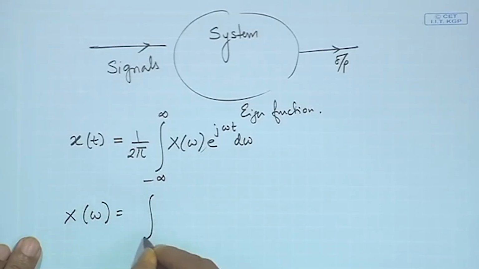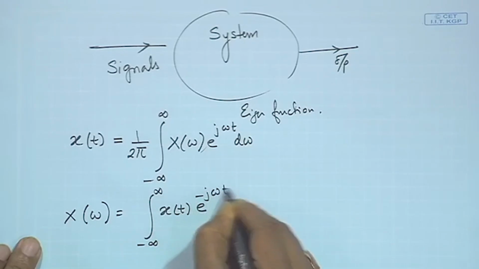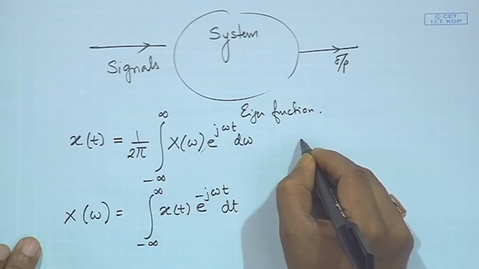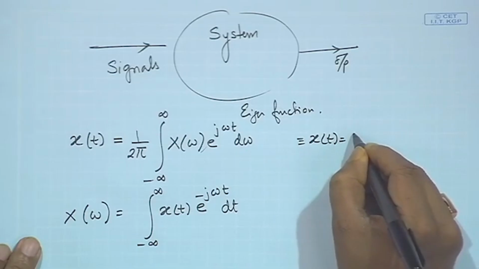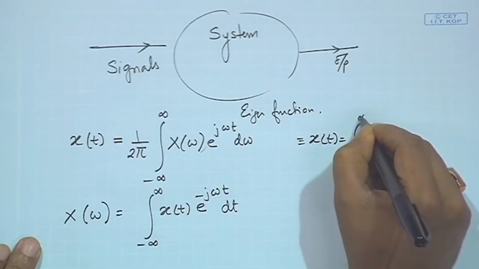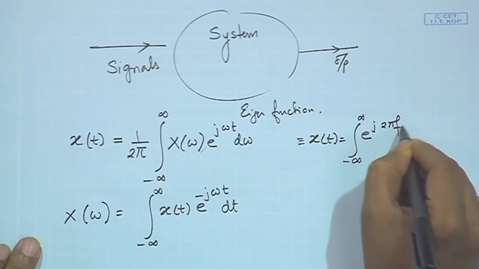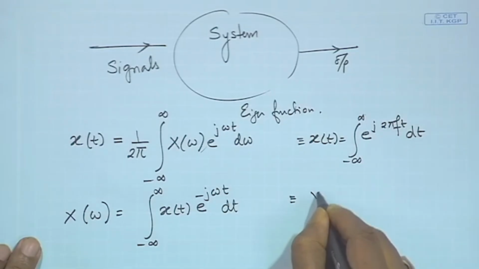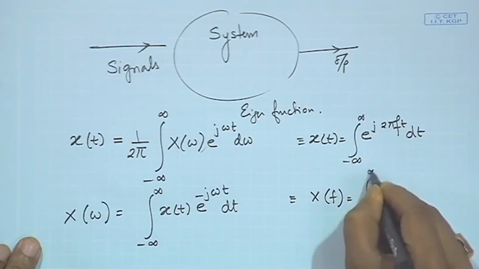X of omega is equal to integral from minus infinity to infinity x of t e to the power of minus j omega t dt, and in terms of continuous frequency f, you could write this as x of t is equal to integral from minus infinity to infinity X of f e to the power of j 2 pi f t df, and here also we have X of f is equal to integral from minus infinity to infinity x of t e to the power of minus j 2 pi f t dt.